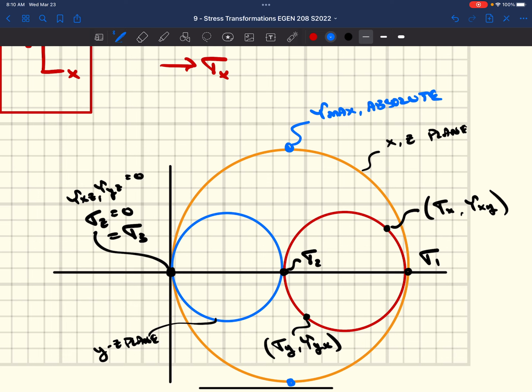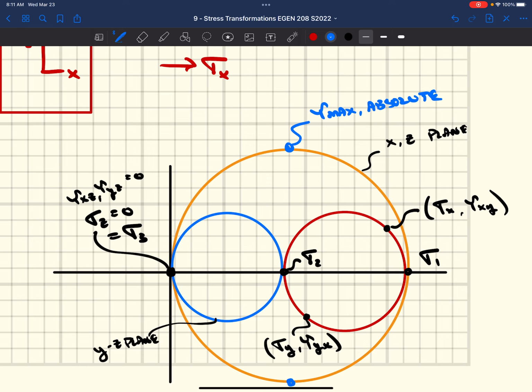That has a point here on Mohr's circle, and when we draw our 3 circles, which are attached to the xy plane, the xz plane, and the yz plane, the biggest circle we generate in this case is going to be this xz plane. That xz plane circle has the biggest radius, which means that it has the biggest shear stress, and it's absolutely the biggest shear stress out of all 3 planes.